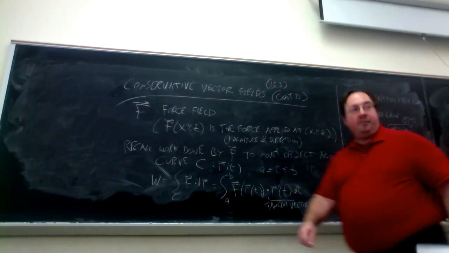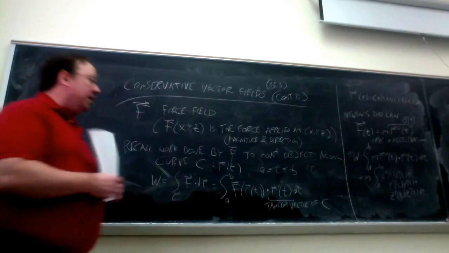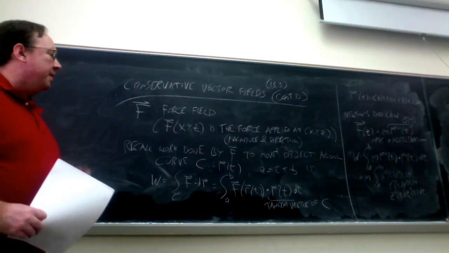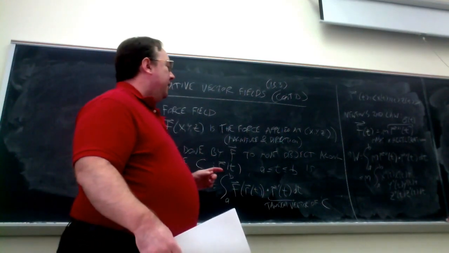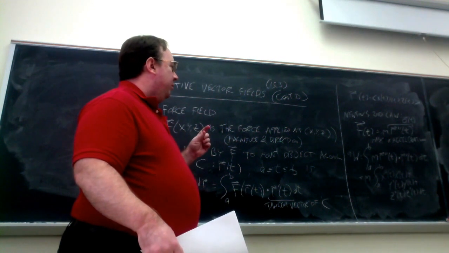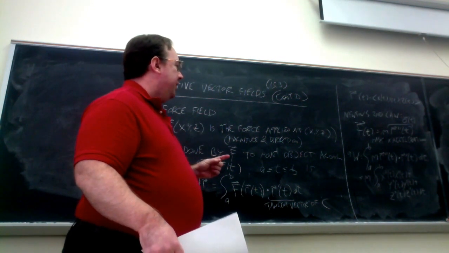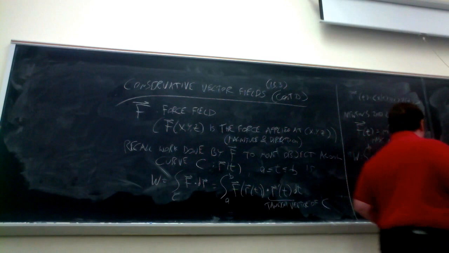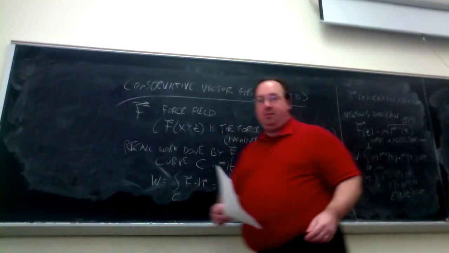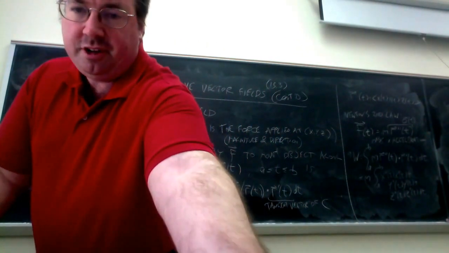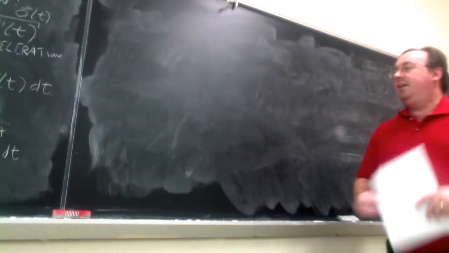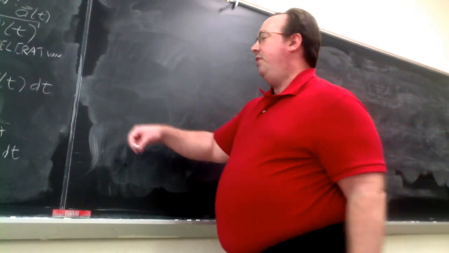Now, what I can do in each one of these terms is make a u substitution to make the integral possible. So let's just break off one of these terms.